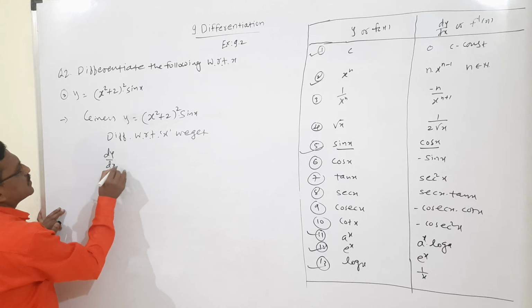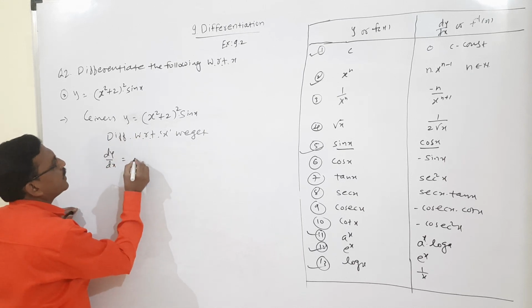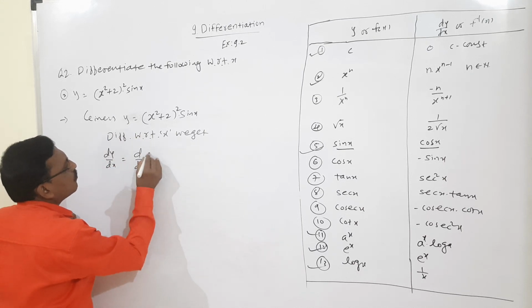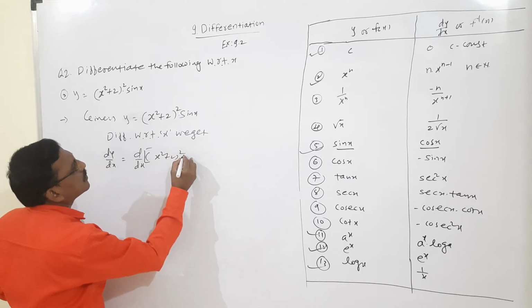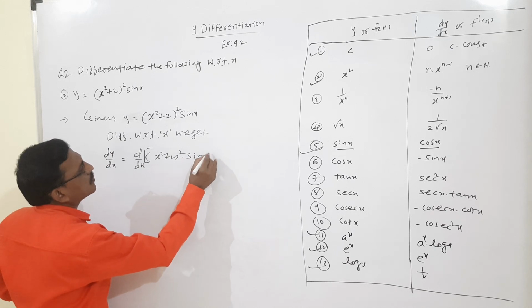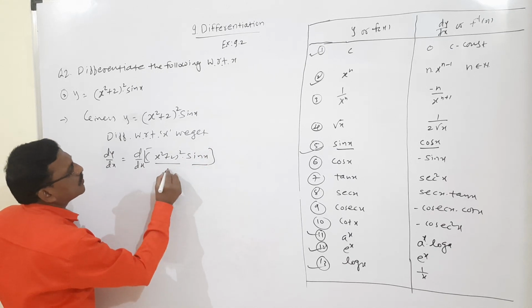So the derivative of y with respect to x is dy by dx, and the derivative of this function x square plus 2 whole square into sin x, u into v.